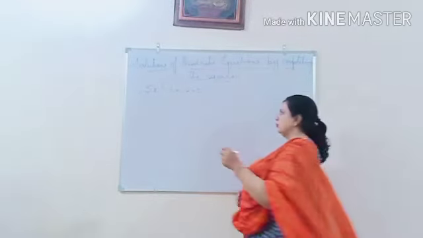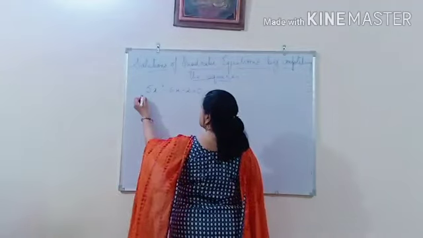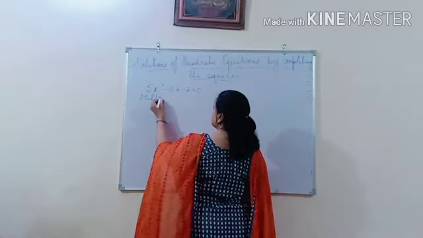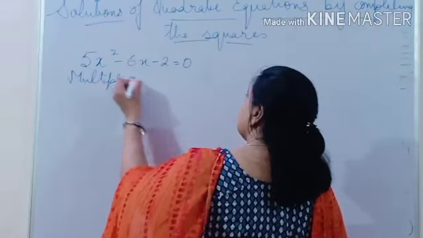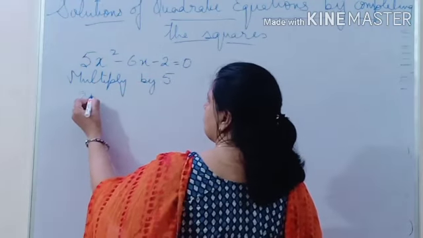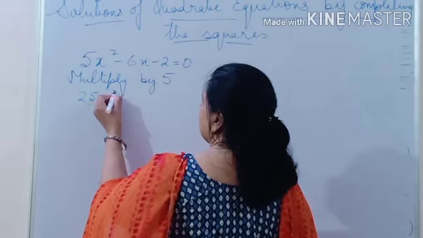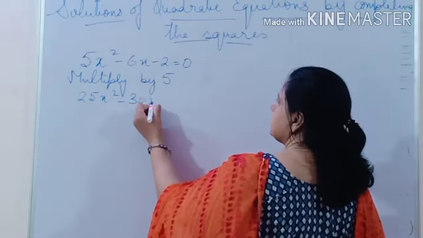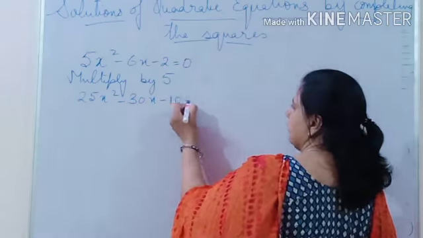Now, to complete the squares, let us multiply by 5. We get 25x square minus 30x minus 10 equal to 0.